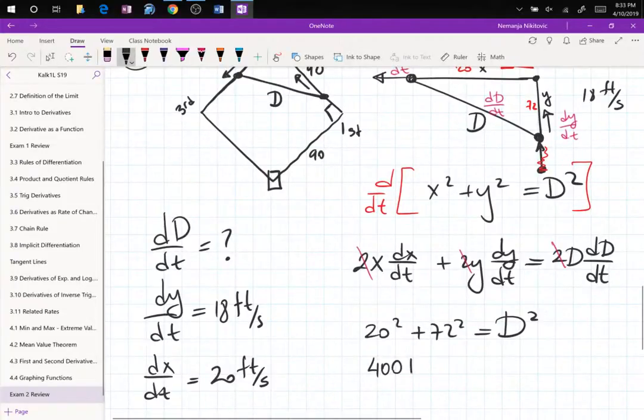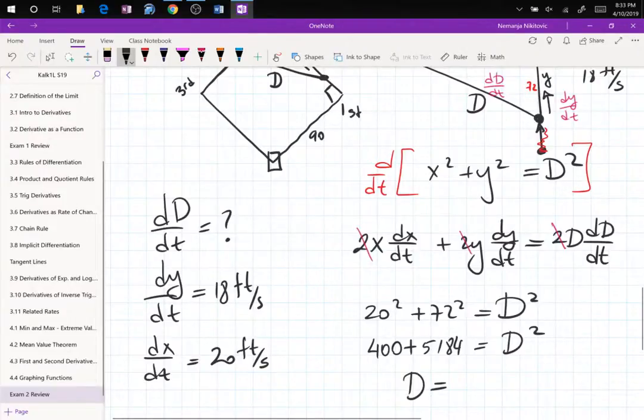It's 400 plus, now get the abacus going, 72 squared is 5,184, so plus 400, square root of the answer to get D to be 74.7 feet.